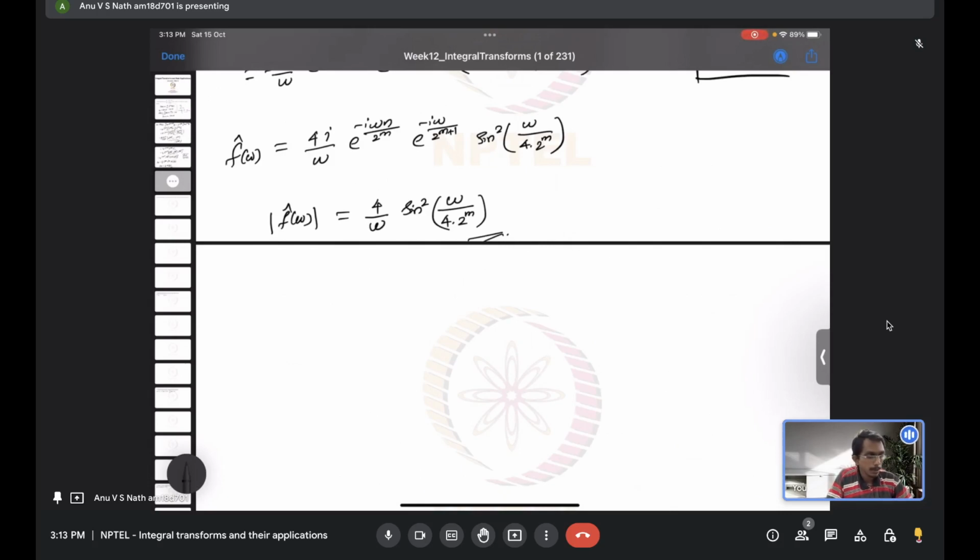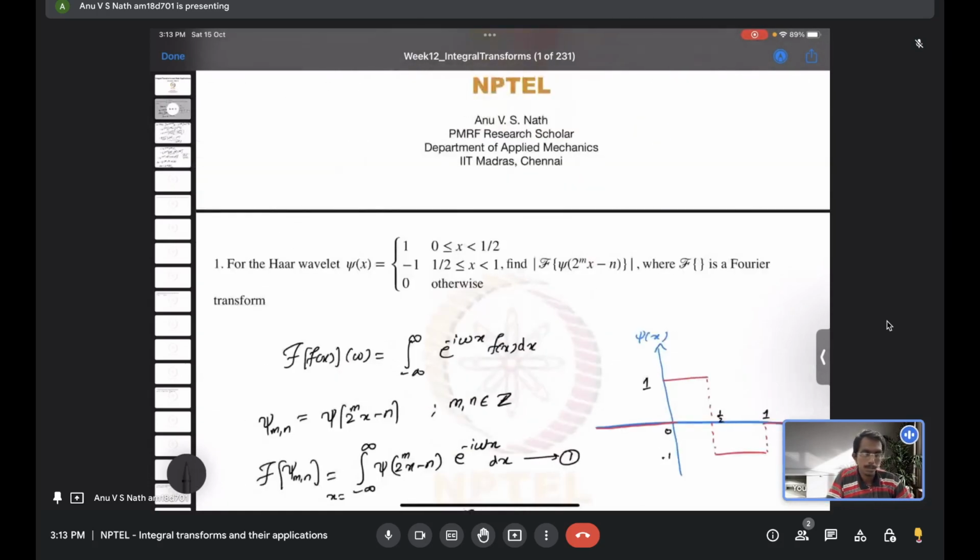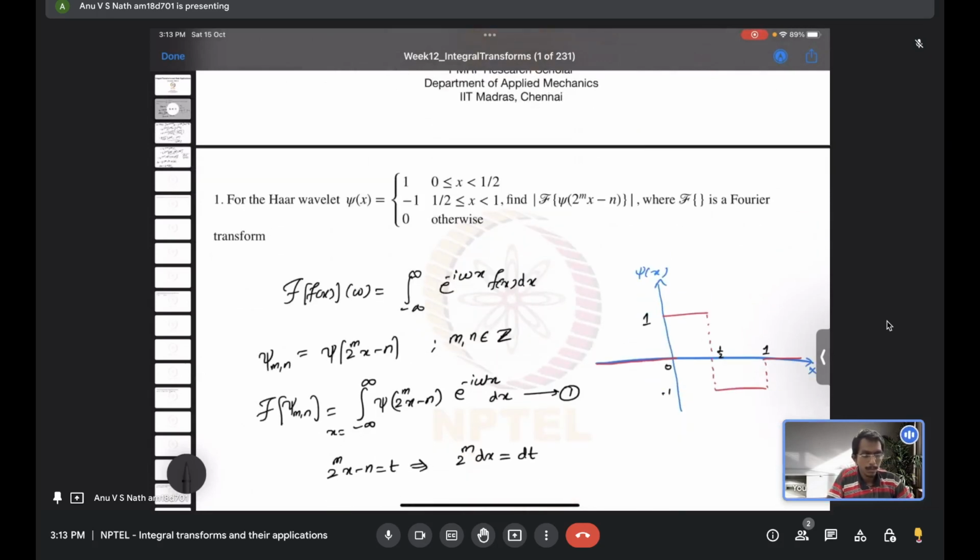So basically what we are doing is that the Haar wavelet is given, its expression, in a continuous form. We are converting that to a discretized version, and we are asked to evaluate its Fourier transform.